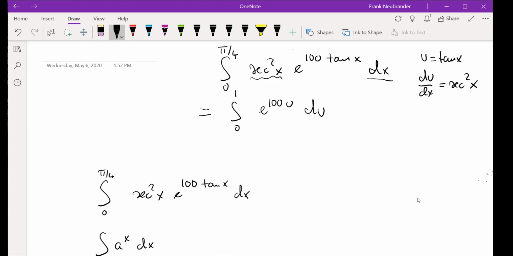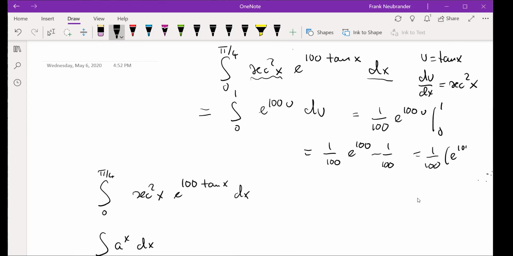Now the antiderivative of e to the 100 u is 1 over 100 e to the 100 u, where you plug in for u equal to 0 and 1. So it is 1 over 100 e to the 100 minus 1 over 100 times 1, or 1 over 100 times (e to the 100 minus 1).